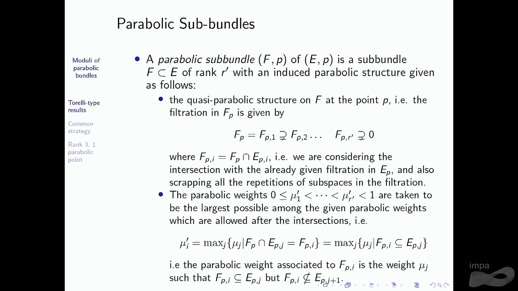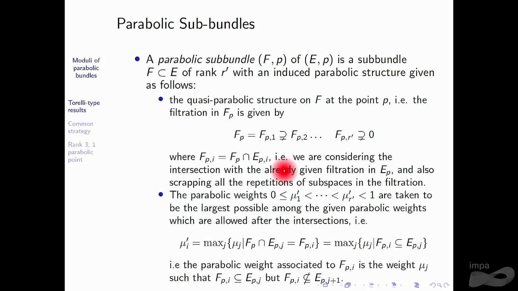And then you can ask, what do I mean by a subbundle? Yes? So a subbundle of a parabolic bundle is that, again, I take, first of all, a subbundle of the vector bundle in its own right, okay? And I take a filtration for the subbundle. So at each of these parabolic points, just as you would kind of imagine, yes?